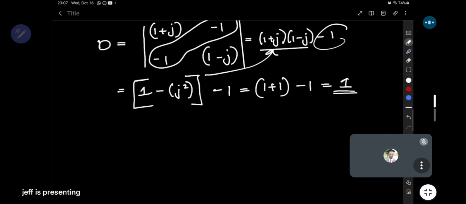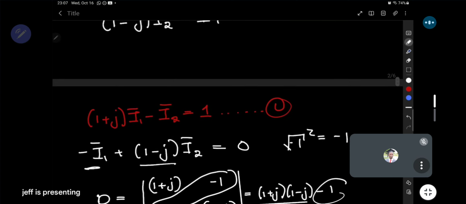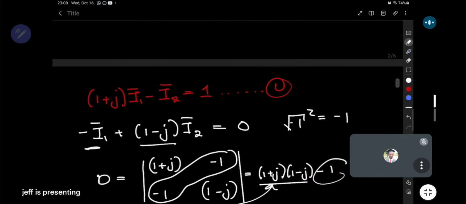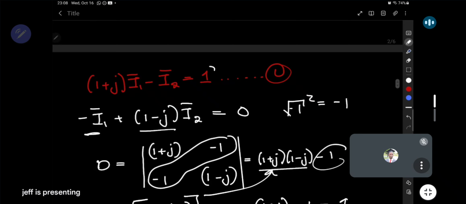So next, let's get dx, or we can say d1. So what are we doing here? Here, we'll get what comes after the equal sign. In equation 1, after the equal sign, we have 1. In equation 2, after the equal sign, we have 0.